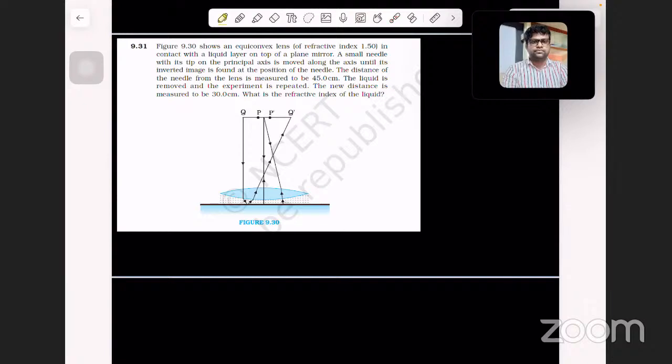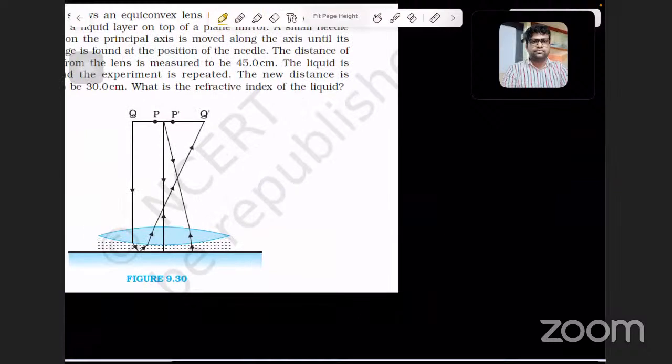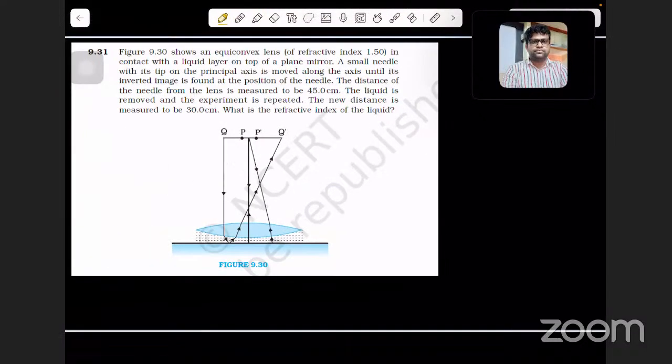So let's see what's given. The distance of the needle is measured.